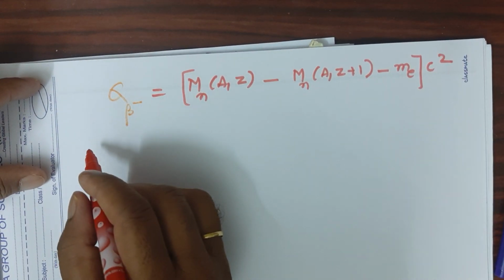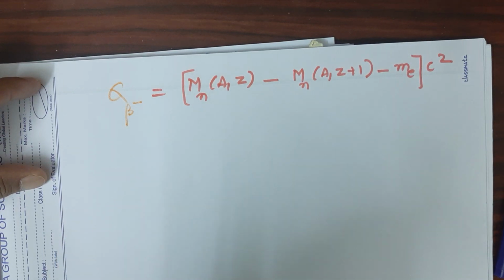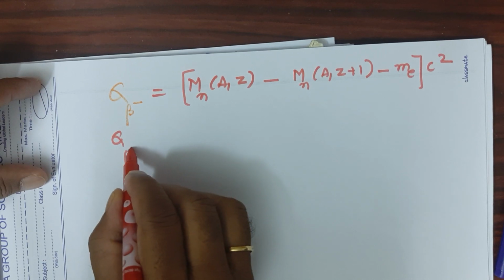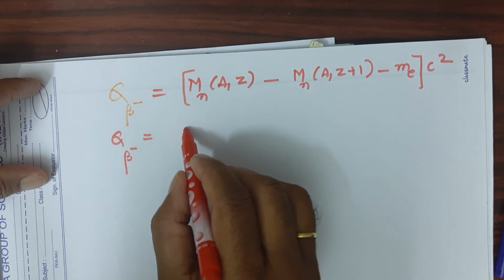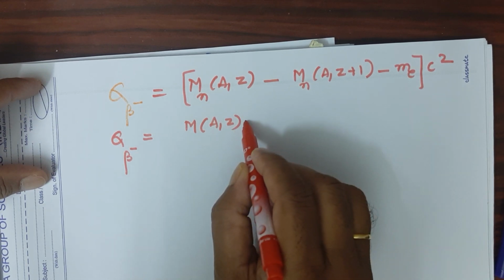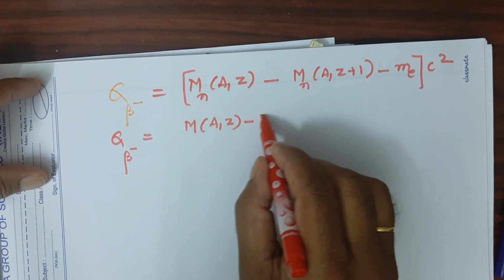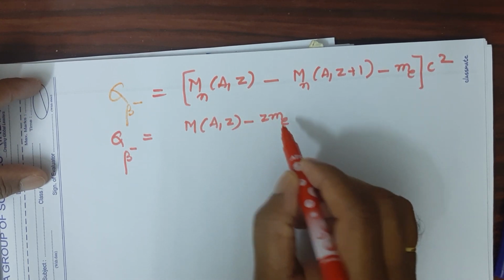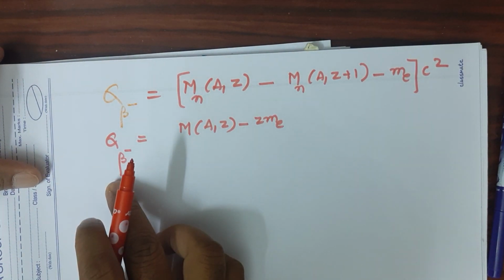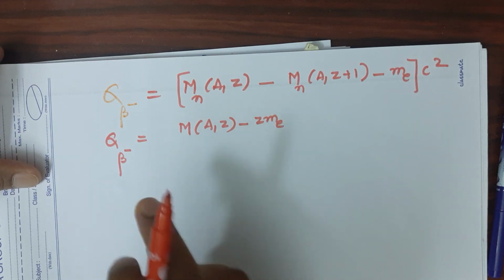If you consider the atomic masses, then you can express this as Q beta minus equals m of ZA minus Z into Me, because the electron mass has to be subtracted, as in atomic mass the electron mass is also considered.